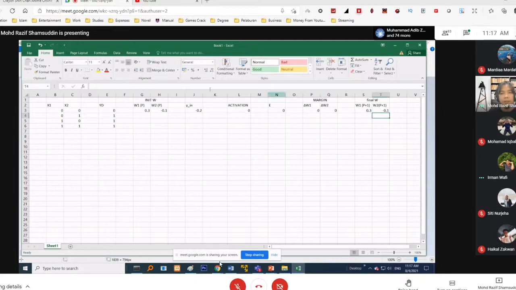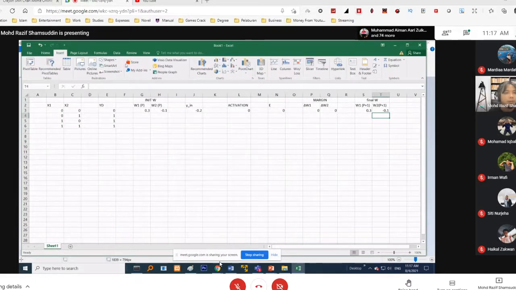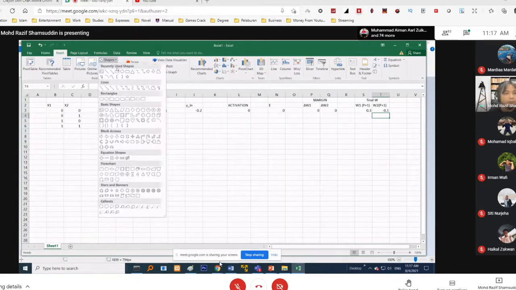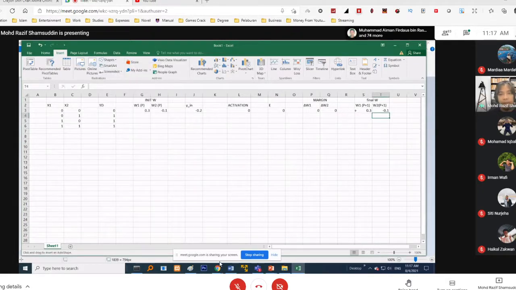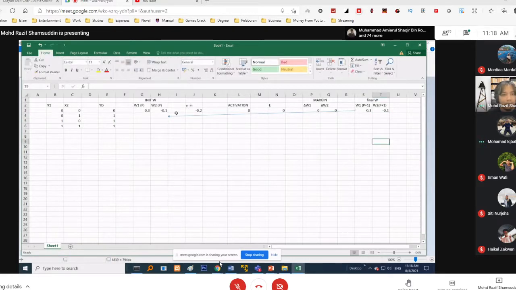Betul. Okay, so kalau kita dapat final weight ni, dia akan dibawa ke sini. Kan? Betul tak? So ini weight baru sama dengan ini. Ini sama dengan ini. Betul tak? Betul. Okay, so kalau saya tarik ni, dia masih kosong lagi lah sebab tak ada apa-apa kan. So Y in, kalau saya tarik bawah.